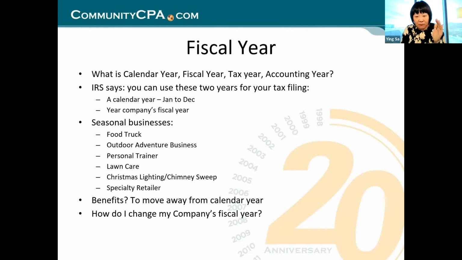Is it from November to October, or maybe from December to November? So that's the consideration. Then consider what accounting method is best for you. Is that really just the cash method? And let me tell you this, if you never choose what accounting method you are in, you are automatically defaulted to cash.